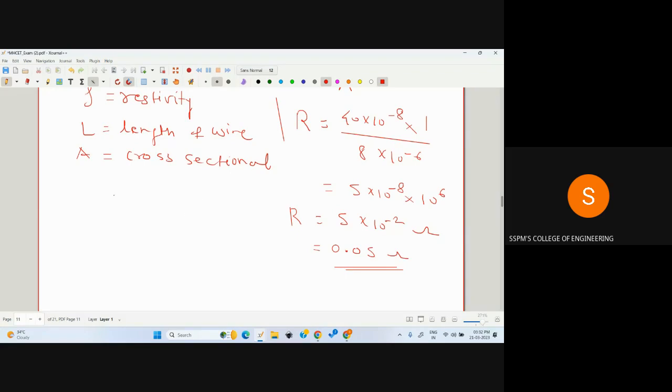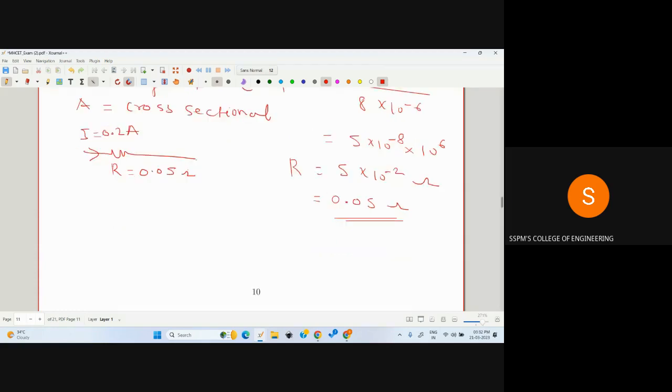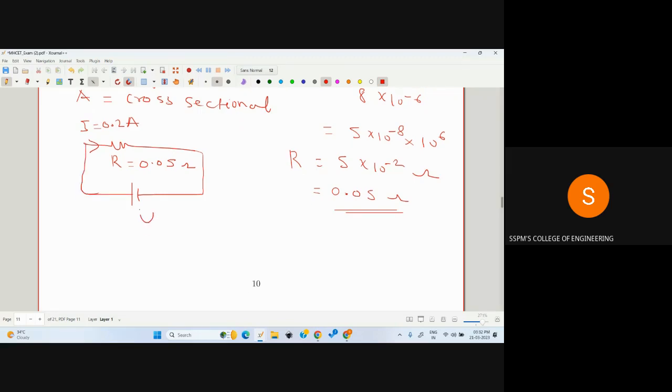The total resistance of the wire is 0.05 ohm. And in this resistance, the current 0.2 ampere is flowing. Then what would be the potential V across the resistance? The potential V across the resistance can be determined using Ohm's law.